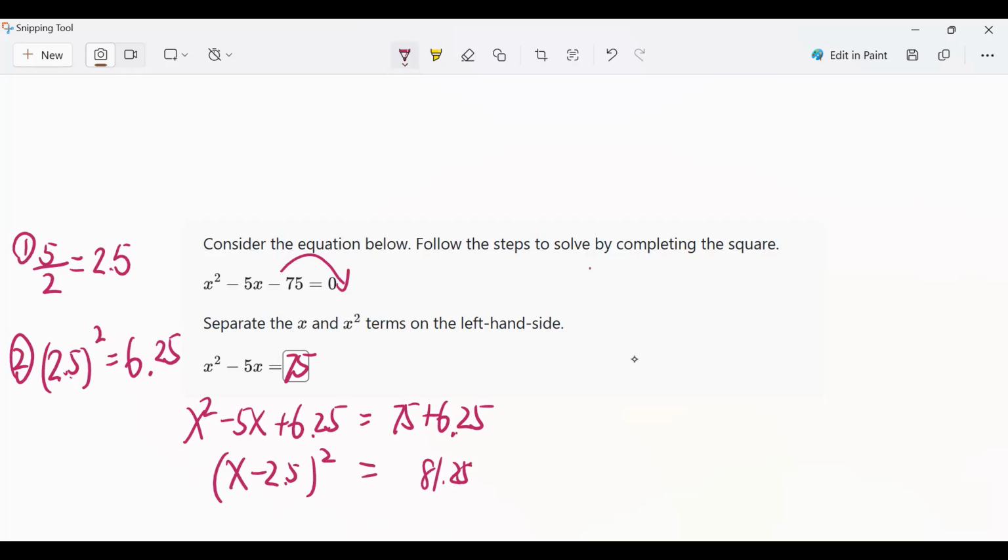Now we're gonna take the square root of both sides of the equation. Actually, you know what? I think it's better we keep it as a fraction because we'll be able to simplify later. So yeah, let's work with the fractions.